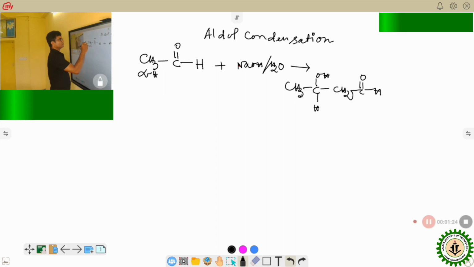Now here actually two molecules of aldehyde or ketone will be used, right?